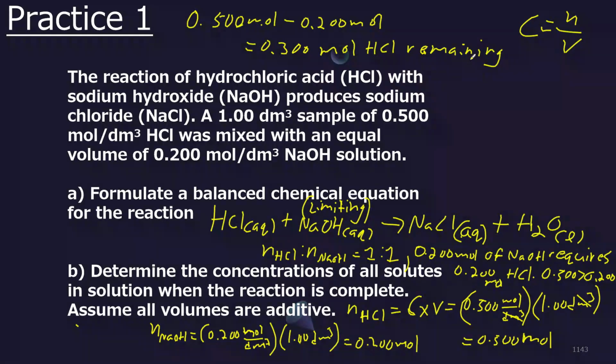Very good to know. Then how much products can be made? We're going to be making water. We don't have to consider that as a solute, as a solvent, but we'll make some NaCl. That will need to be included to answer B fully. The ratio of NaOH to NaCl is also 1:1. And so we will make an equal amount of NaCl in terms of moles. 0.2.